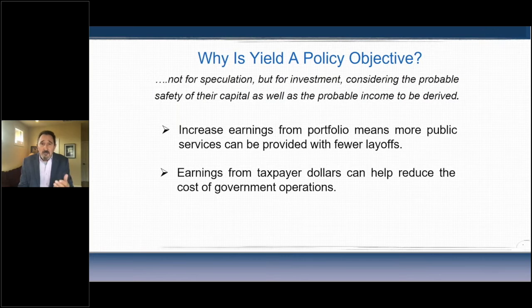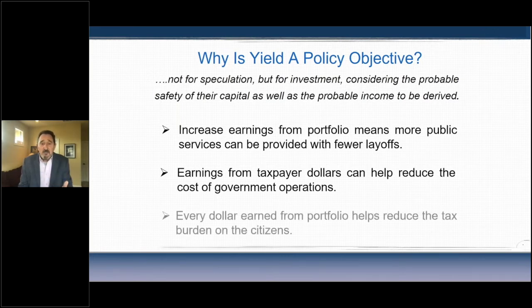So when you think about yield as an investment policy objective, what it's really doing at the end of the day is making the taxpayer's money work for the taxpayer. Every dollar that the portfolio earns is a dollar that the taxpayer doesn't have to fund. And that's why yield as a policy objective is included in the investment policy, in my humble opinion, and why it's so important not to minimize its importance or relegate it to simply being a third objective that no one cares about.